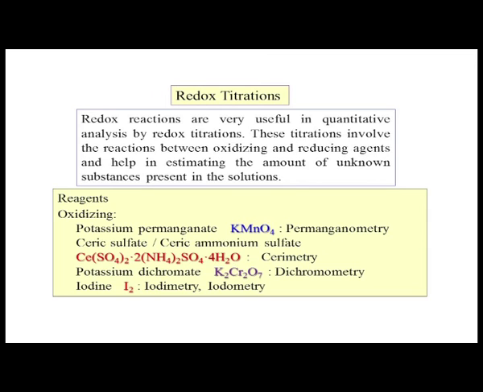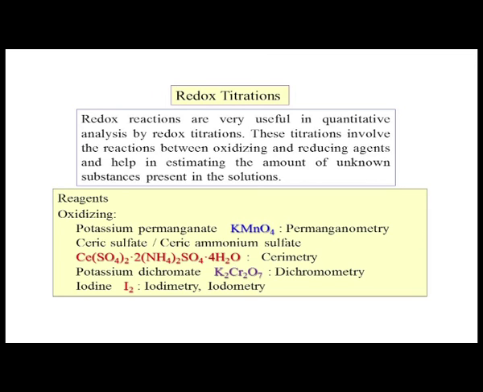Iodimetry is different: you have a standard solution of iodine in the burette, and use iodine as the oxidizing agent to titrate the reducing substrate in the conical flask.